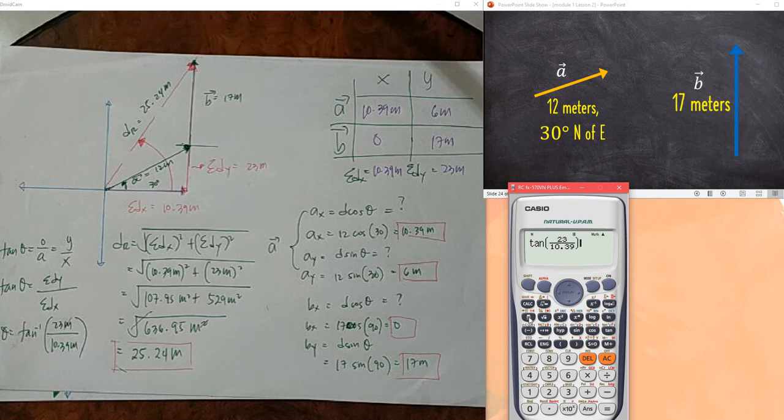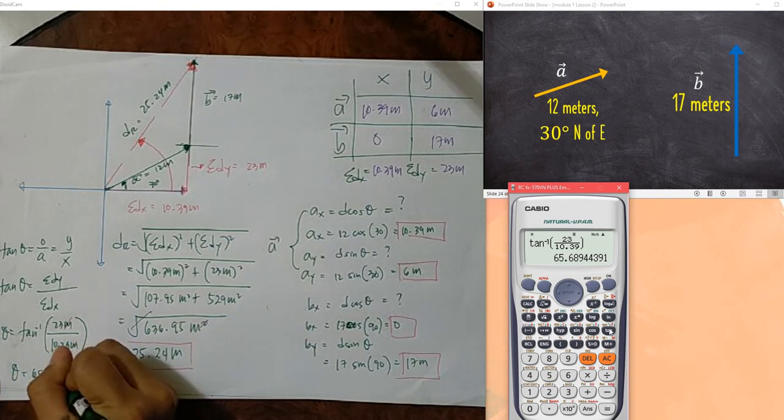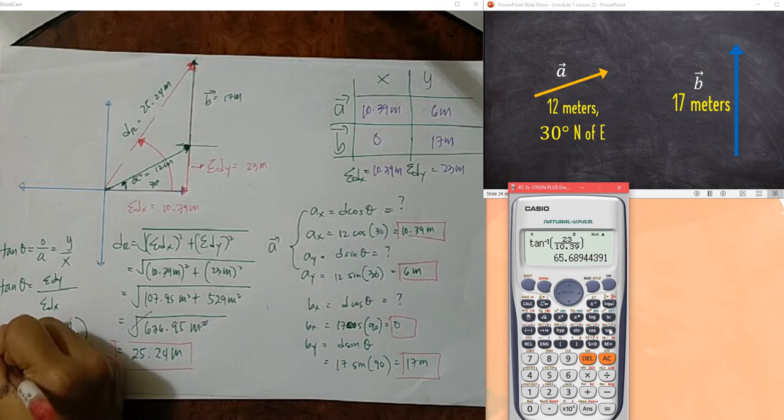Oh, sorry, it should be arctangent. Arctangent siya dapat. So shift tan. Okay, that is 65.69. Our angle here is 65.69 degrees. So this is now our reference angle.